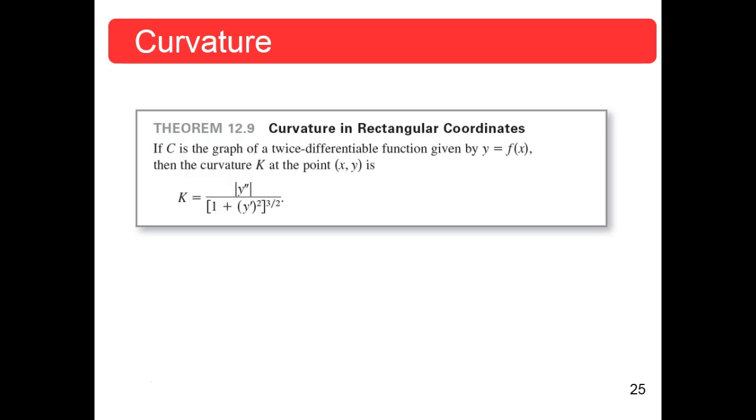Okay, and they do in their proof a little bit of a rationale for that. You can say that that displacement vector is xi plus f of x j plus 0k. X is the parameter. You can obtain r prime of x then by just taking the derivative of it, i plus f prime j.